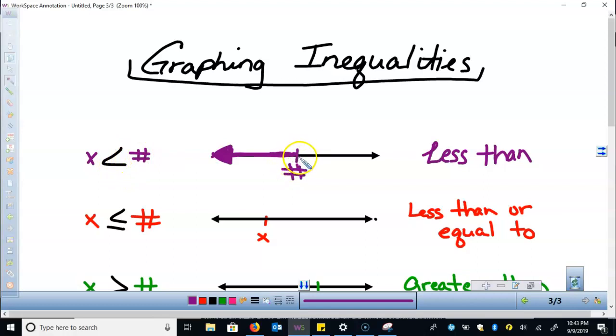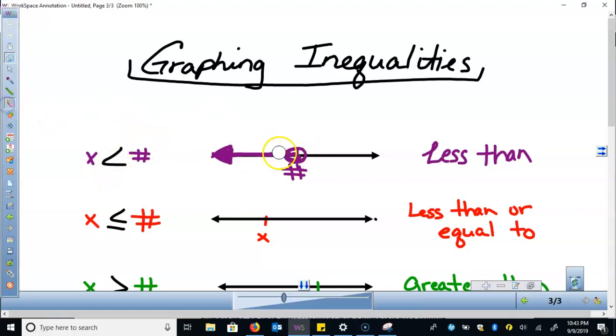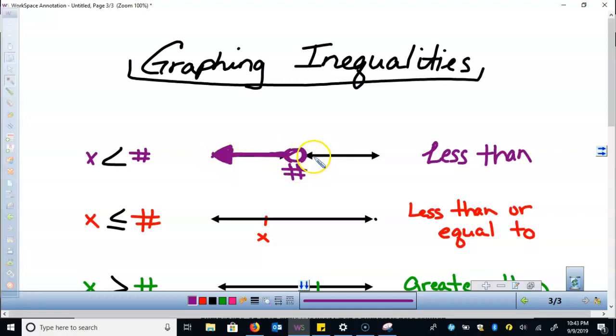In other words, can I put a solid dot as if I'm representing an integer on this particular number line? And the answer is no. This number is not included in this inequality. So when I graph it, I'm going to have that open circle, and then it's going to go to the left.